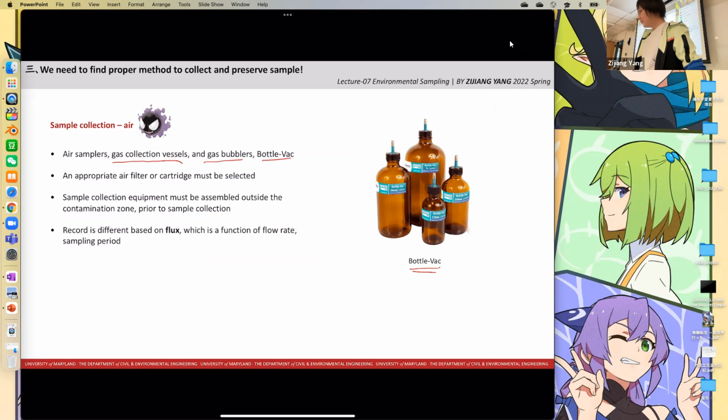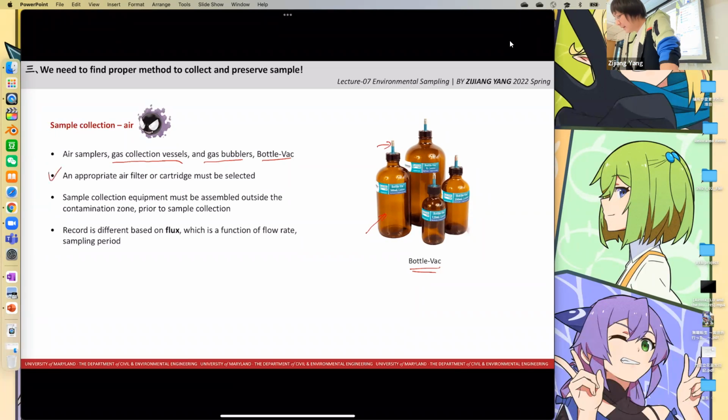Basically, before going to the lab, we extract all of the air from this bottle. The bottle is vacuumed, and then we go to the place and open the regulator, and it can gradually absorb air from the environment into the bottle.